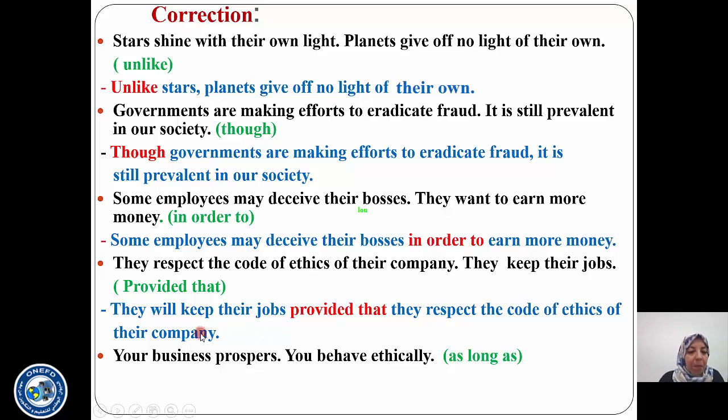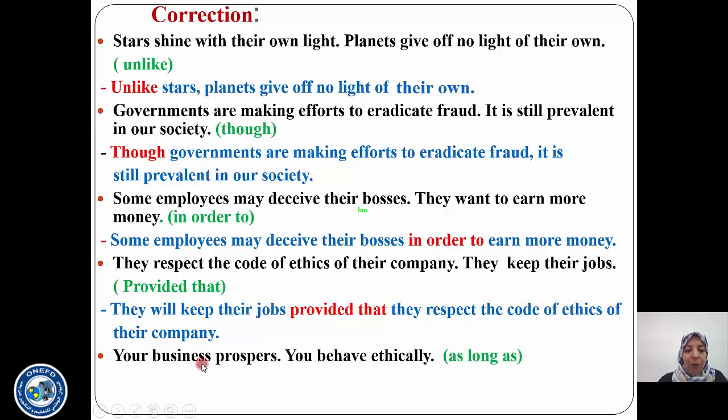Okay, so your business prospers, you behave ethically. Again, "as long as" expresses condition. Okay, it's exactly the same as "provided that" or "providing that" or "as long as", "so long as". All these are the same, express the same function. So which one is the condition here?